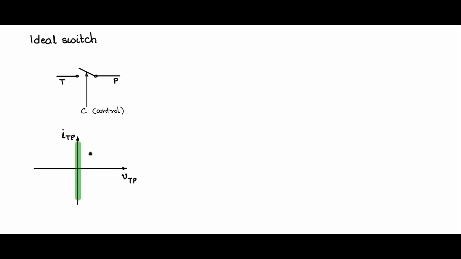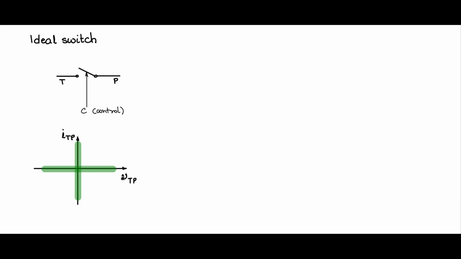ITP. Now for an ideal switch, we would like that when the switch is on, the current is able to flow both in the positive and also in the negative direction, meaning T to P and P to T also. And during the time when the switch is off, we would like the voltage across the switch to be supported by the switch, that it should be capable of supporting both the forward voltage and also the reverse voltage, positive voltage and also negative voltage.